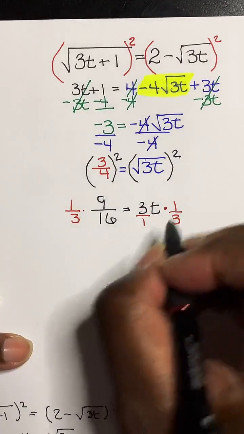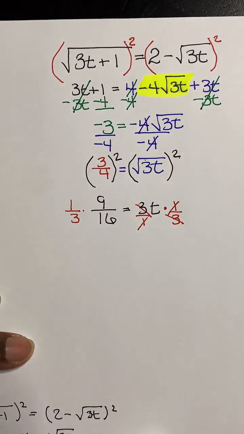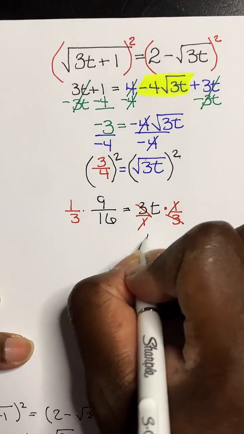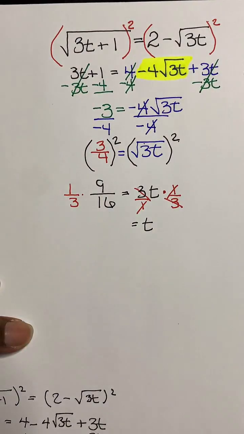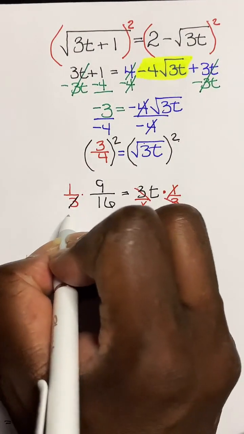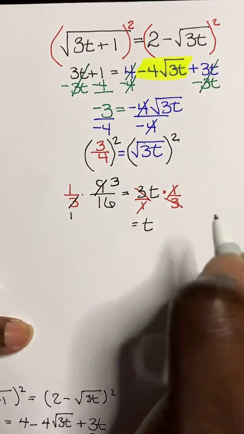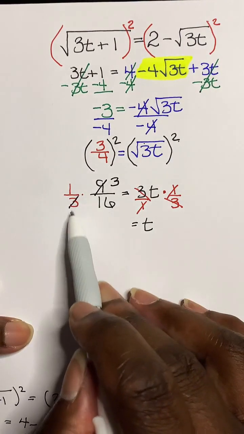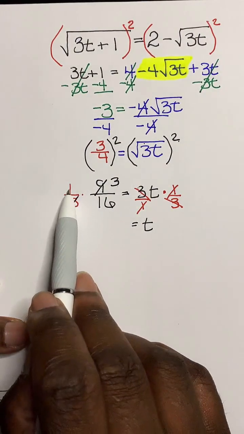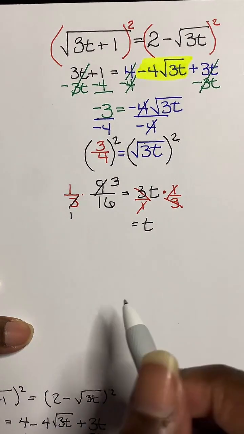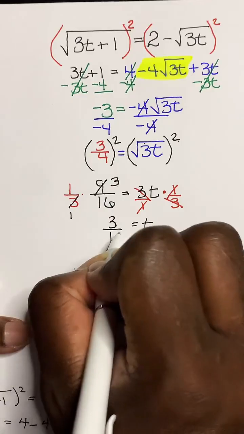Now the 3's cancel out, the 1's cancel out, leaving me with t. But now I can cross simplify here. 3 turns into a 1, and 9 turns into a 3, because 9 divided by 3 gives me 3. And the 1 and 16 don't do anything. So my final answer is 3/16.